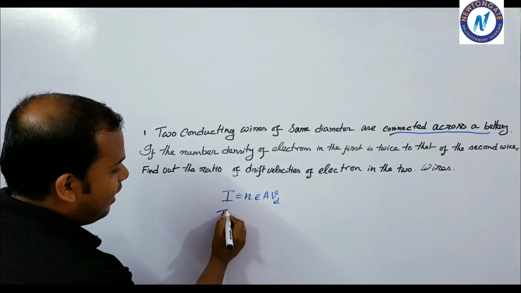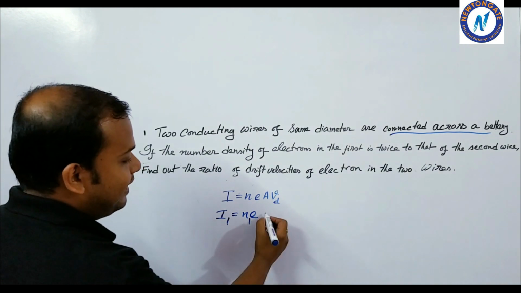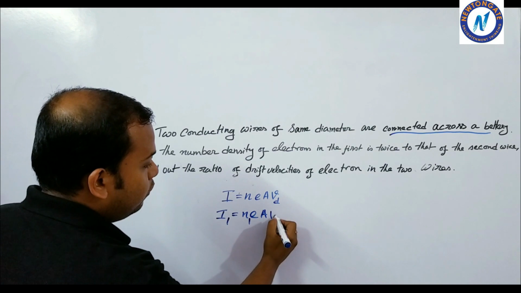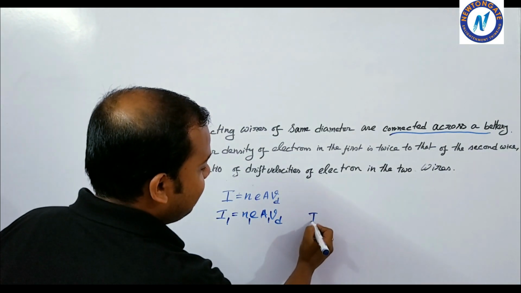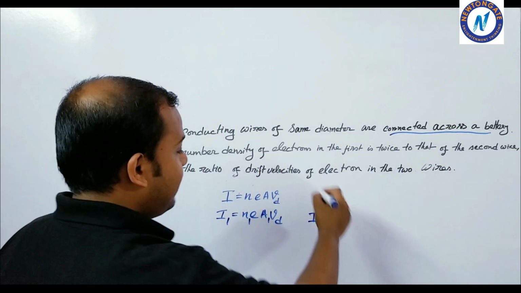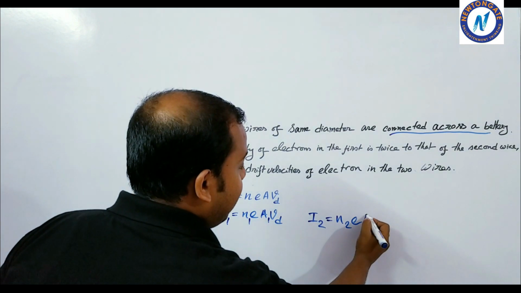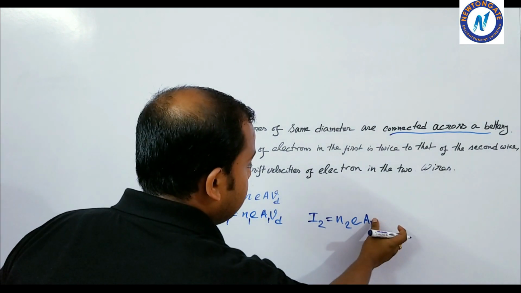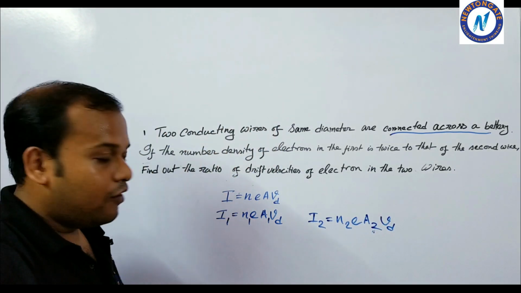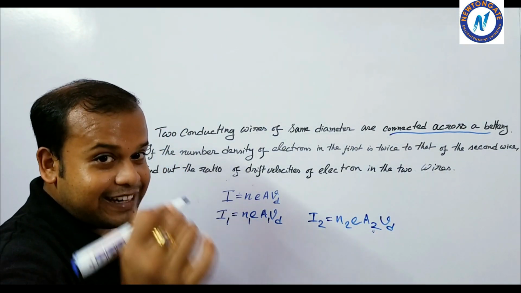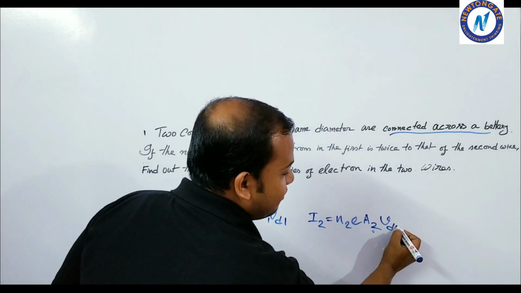So we have I1 equals N1 into E into A1 into Vd1. And for the second wire, I2 equals N2 into E into A2 into Vd2. Vd is the drift velocity of the electron, but for this case it is different, so let us write it as Vd1 and Vd2.